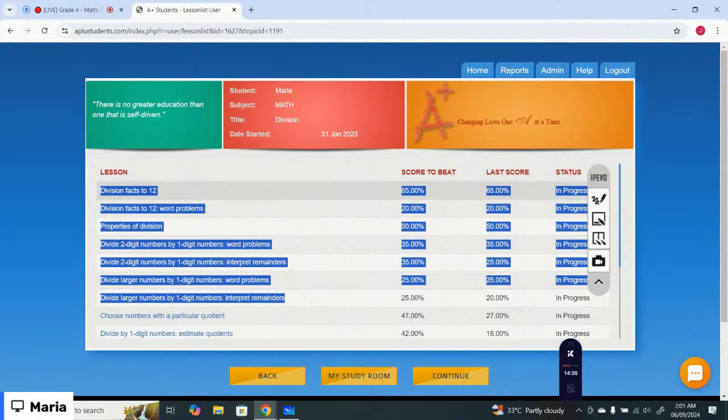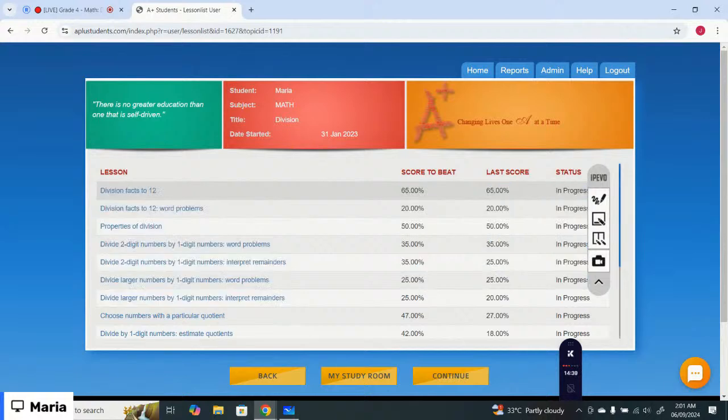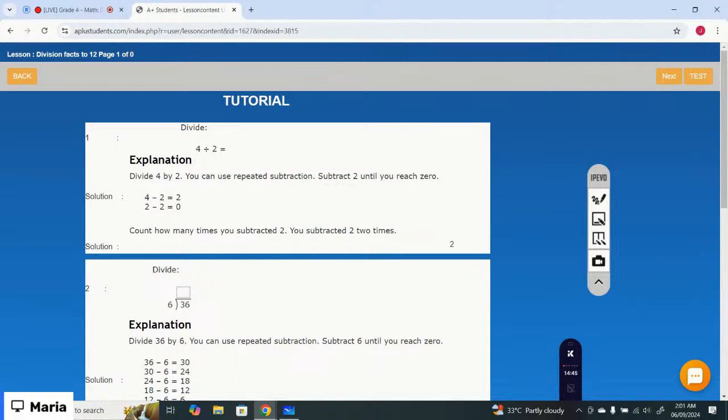Let's just start with the first lesson, that is division facts to 12. Okay, so the first one is 4 divided by 2.